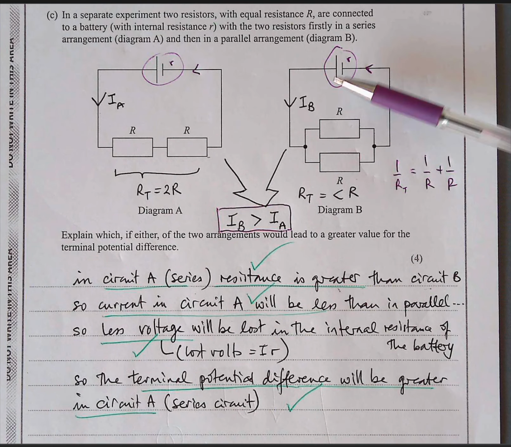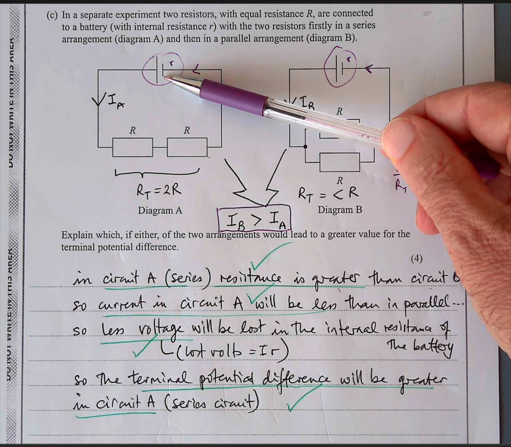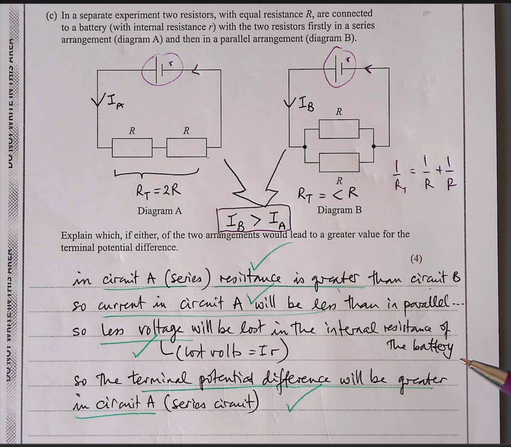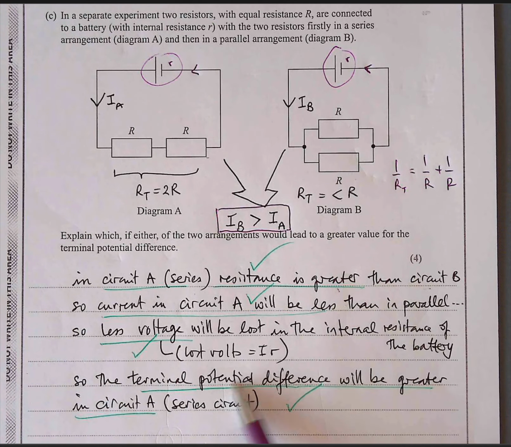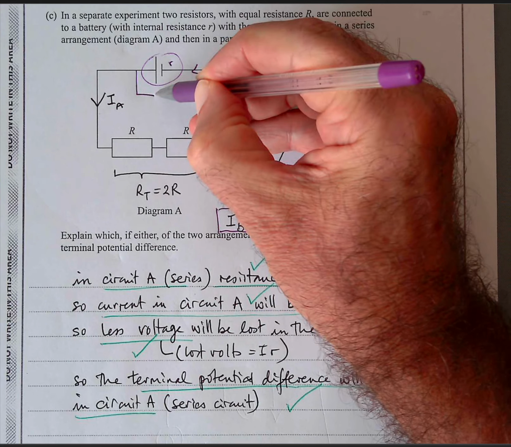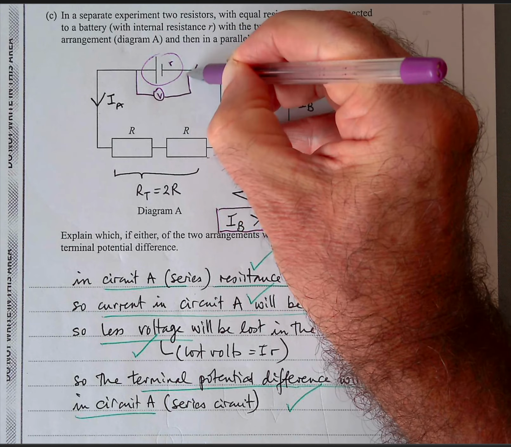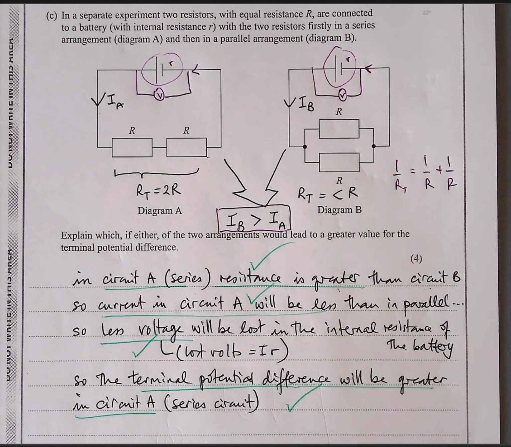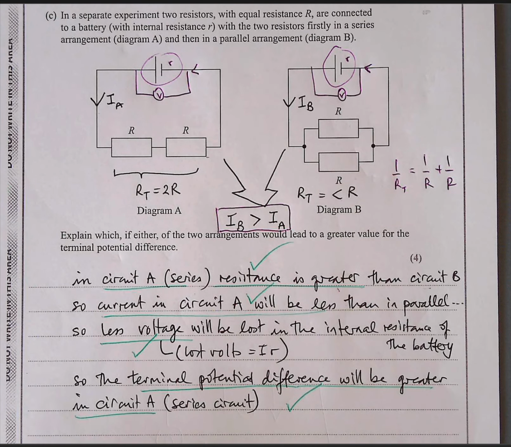Okay, they've actually used a cell rather than a battery symbol, so they seem to use the terms interchangeably, which is technically incorrect. So the terminal potential difference will be greater in circuit A. Yeah, so here if you had a voltmeter across there, the voltage in A would be greater than the voltage in B. Okay, for the arrangements shown. Hope that makes sense.